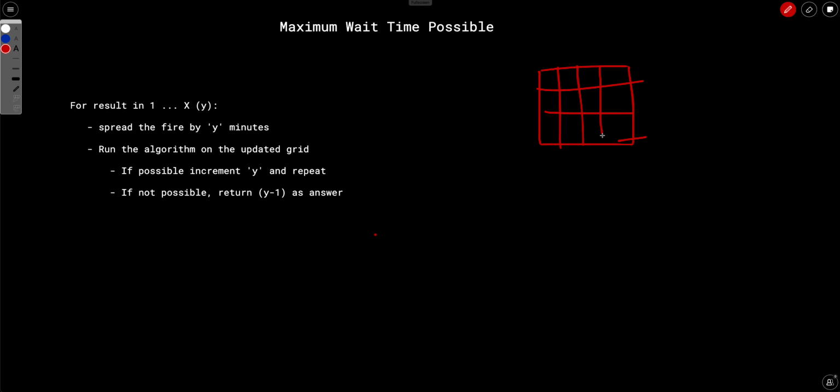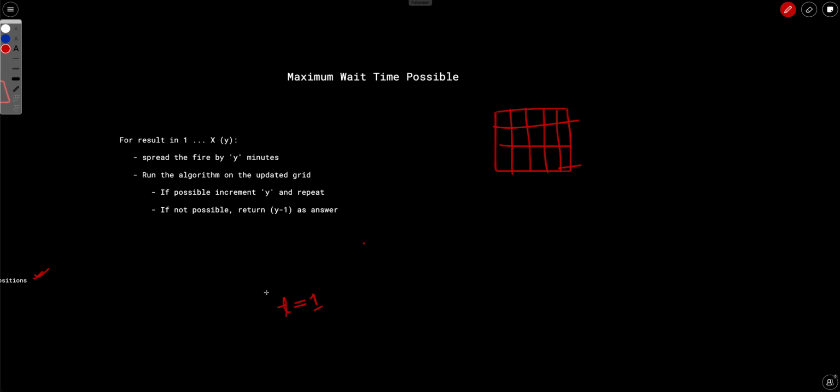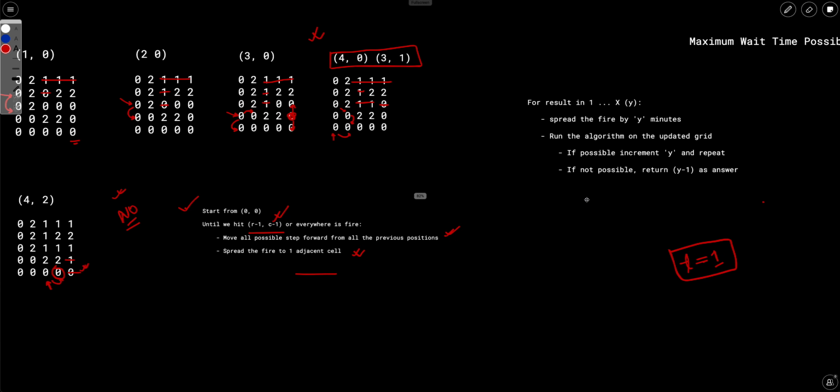some grid with us. Now basically we will start with t equals 1. We will start by waiting for 1 minute, and then we will check whether, after 1 minute, whatever the state of this grid is, the man can reach the destination or not using this algorithm. Okay.